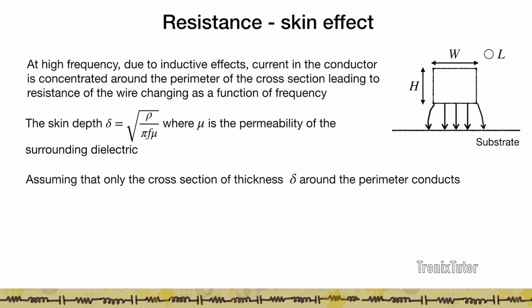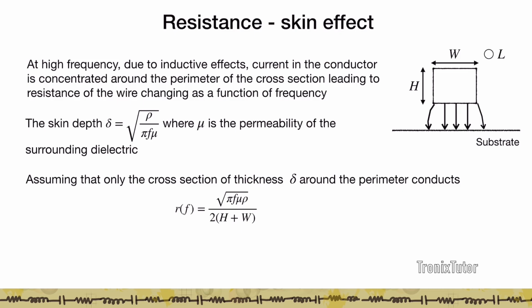And so if I assume that the current is only carried by a delta thickness around the circumference of the wire, that means that the resistance of the wire is grossly underestimated if I assume that the current flows all through the wire. So the resistance of the wire actually increases as a function of frequency.